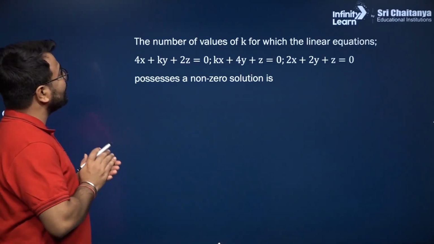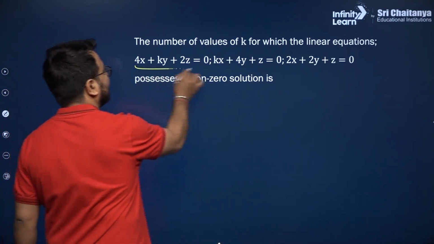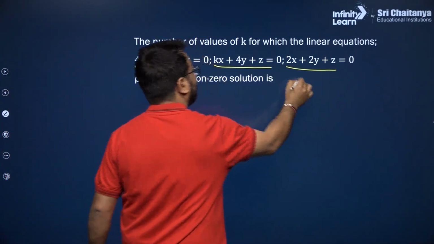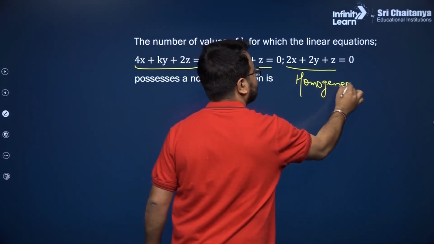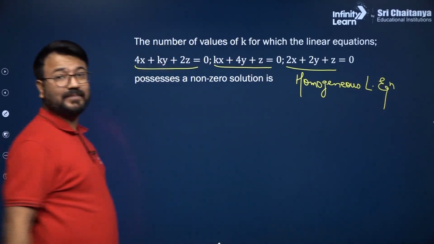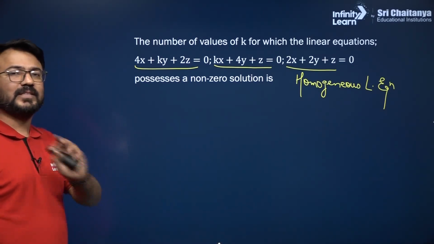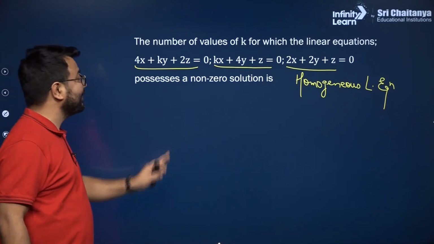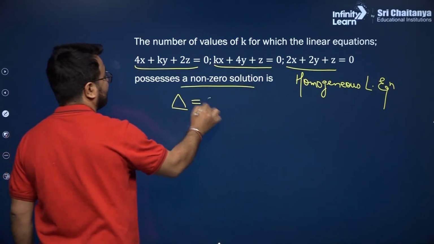We are moving to the next question: the number of values of k for which the linear equation. There are linear equations, this one, this one, this one. All of these linear equations are homogeneous linear equations. That means a homogeneous linear equation always has the trivial solution 0, 0, 0. But if it possesses a non-zero solution, then the value of delta is equal to 0.